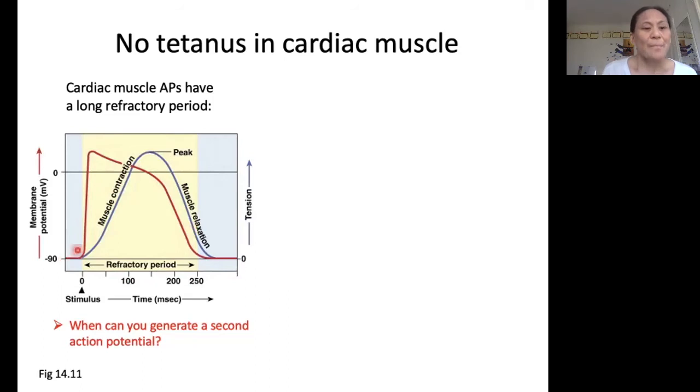By the time you finish this action potential, the muscle contraction that was triggered by it has also almost ended. When we can start a new action potential, around here, our cardiac muscle has already almost completely relaxed.